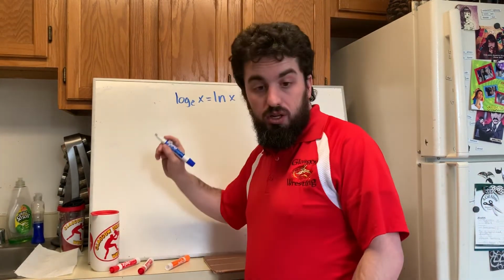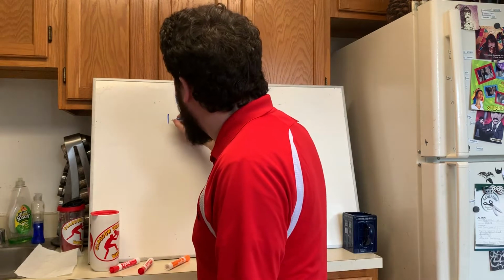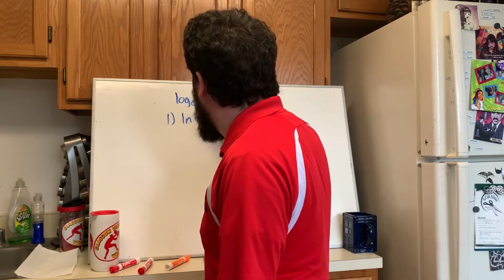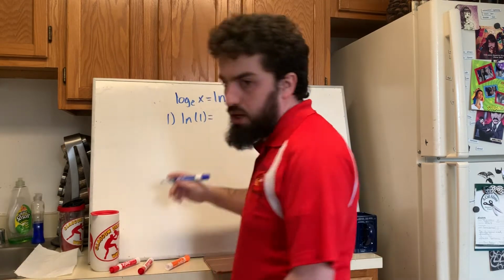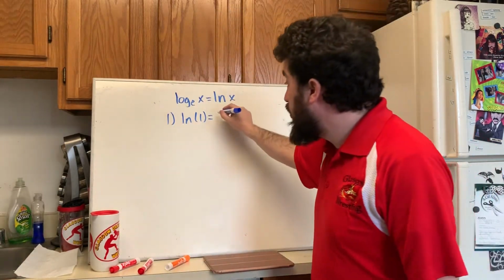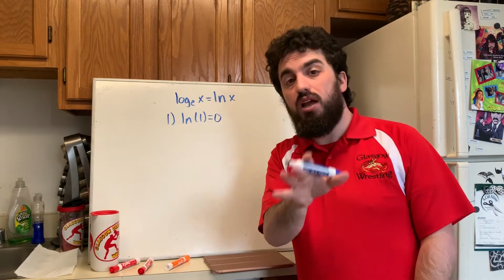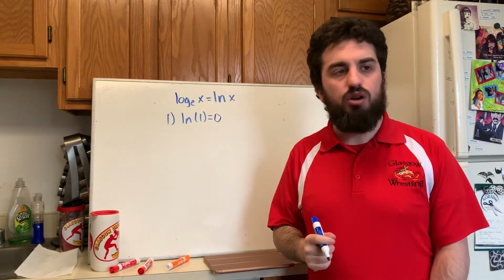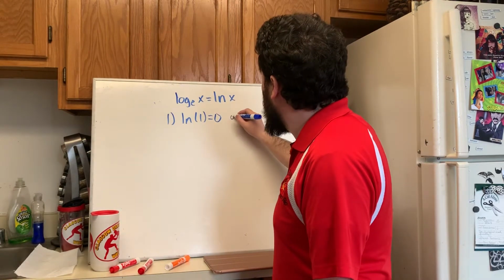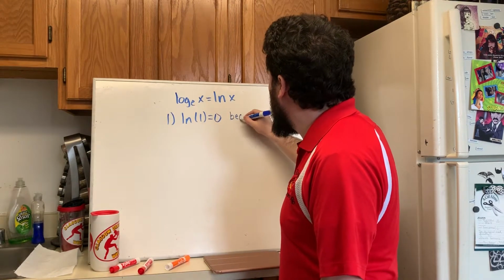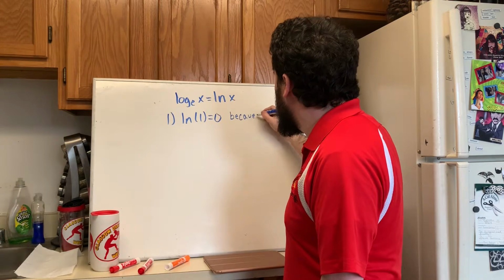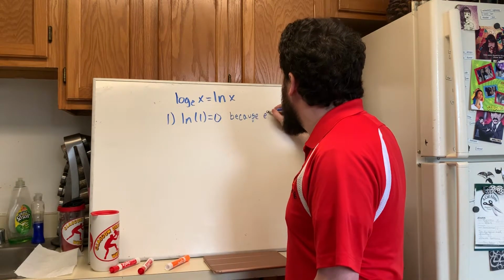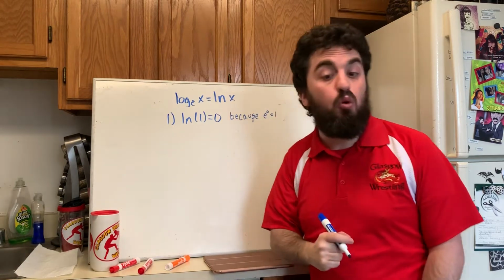With this first property, again, we saw this yesterday, the natural log of 1 is equal to 0 because, like we said yesterday, anything to the 0 power is 1. So e to the 0 power also has to equal 1.